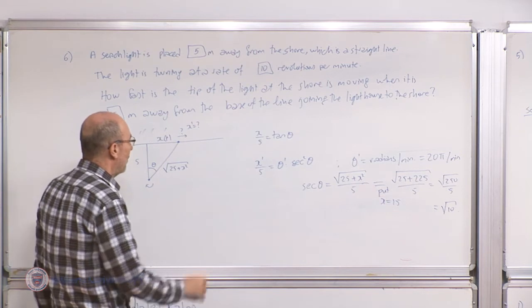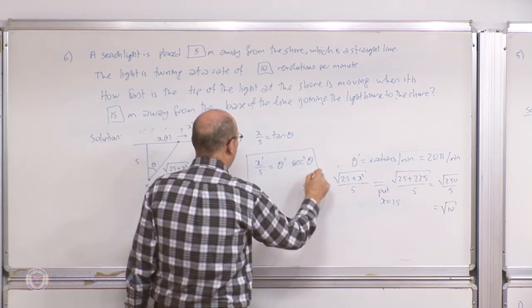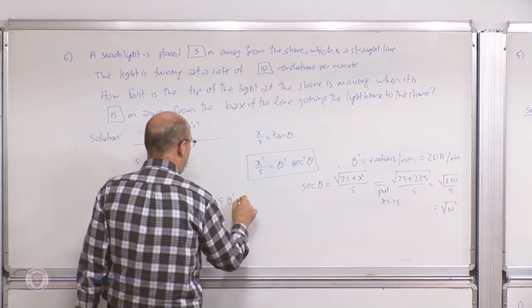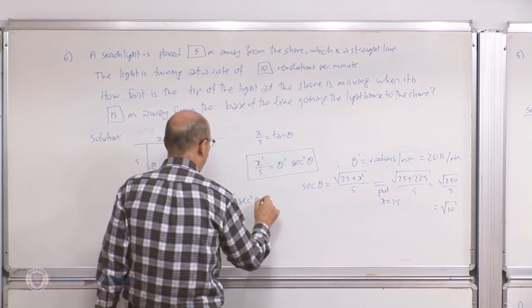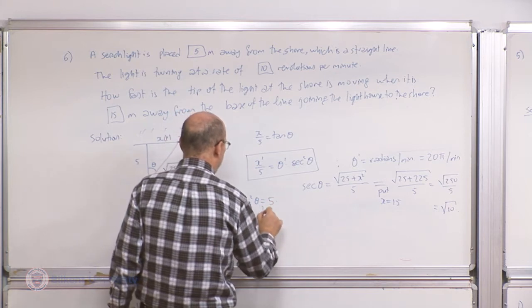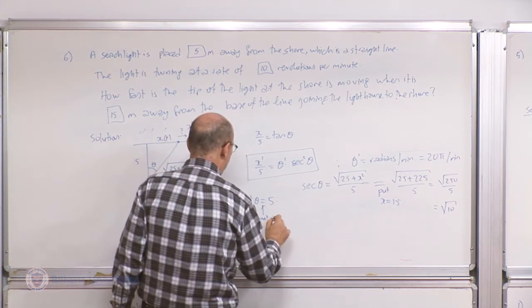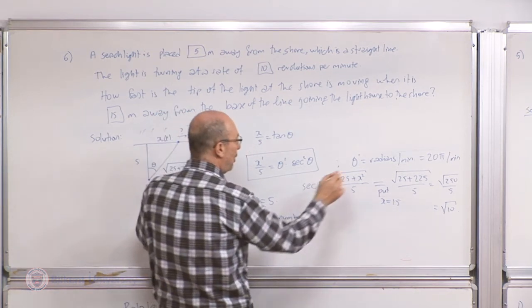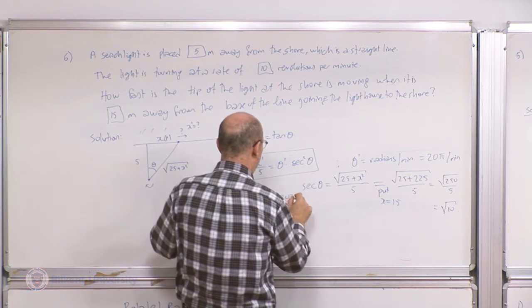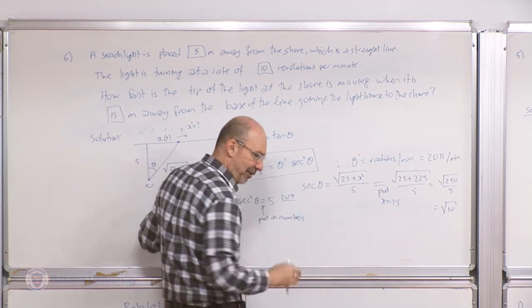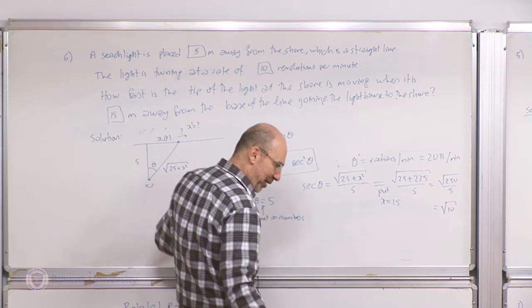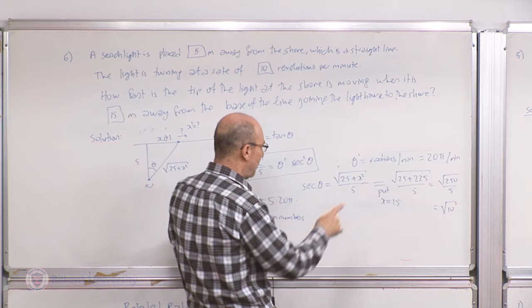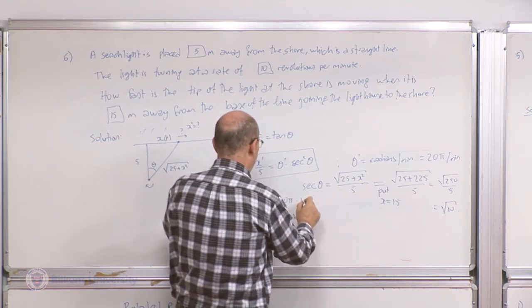Okay, so this was our equation. x prime is equal to 5 theta prime secant squared theta. Put in numbers. 5 theta prime we find to be 20 pi, and secant was square root of 10, so secant squared is 10.